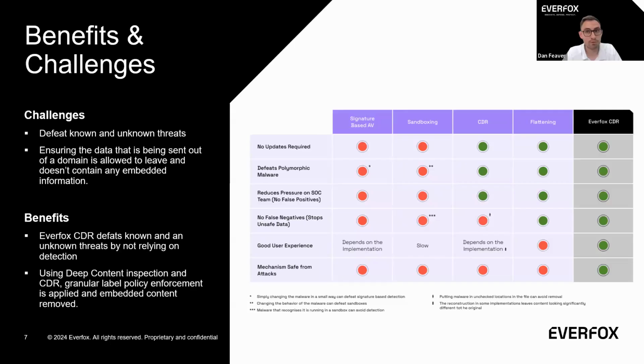It could be a more sophisticated way, such as steganography, where you encode data into imagery and leak it that way. And again, when you're looking for a cross-domain provider, you need to ensure that they can defeat those sophisticated mechanisms of data exfiltration or data attack.